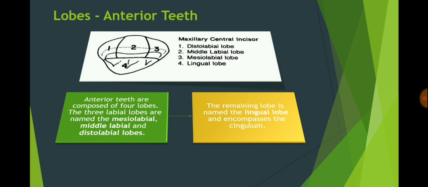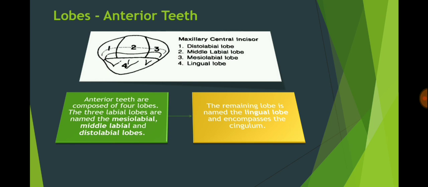Lobes of anterior teeth. You have to know the developmental lobes. All right. So anterior teeth, even though they have 3 mamelons, they develop from 4 lobes. They have 1, 2, 3, 4 lobes. They are the distal labial lobe, the middle labial lobe, the mesiolabial lobe, and the lingual lobe.